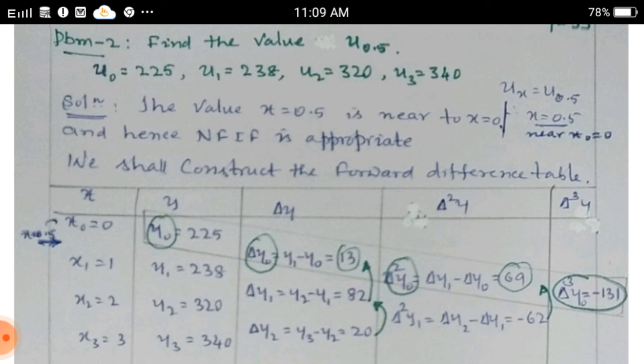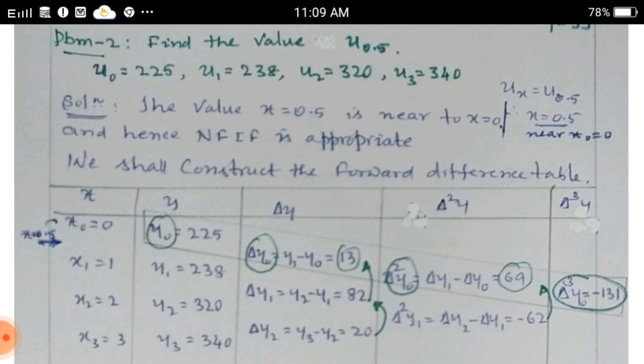Delta y2 is equal to y3 minus y2, 340 minus 320. Substituting the values for y3 and y2, we get the difference 20. The first value in this column, from the top, delta y0, is 13.